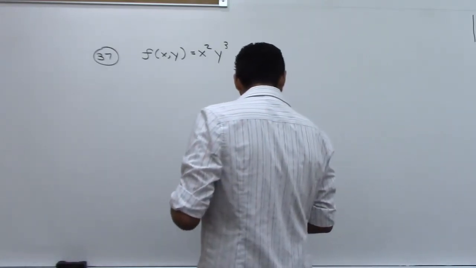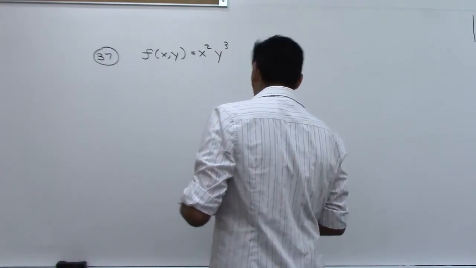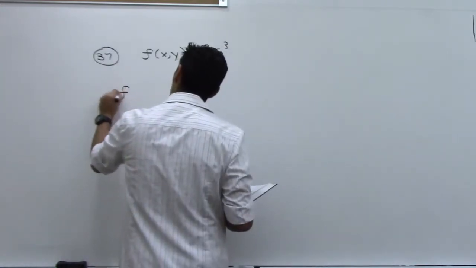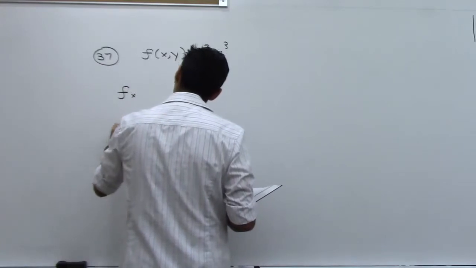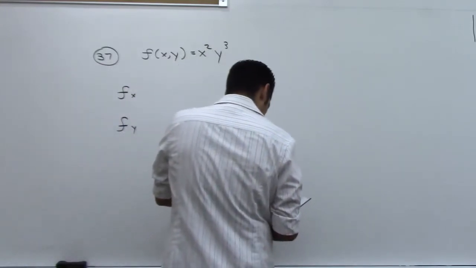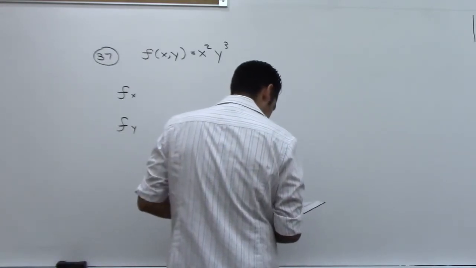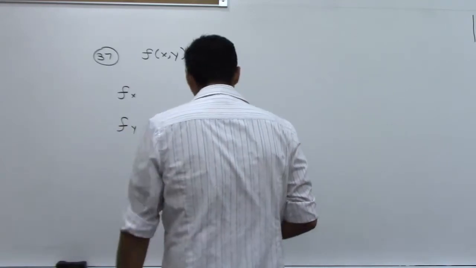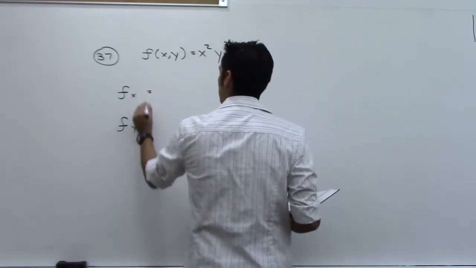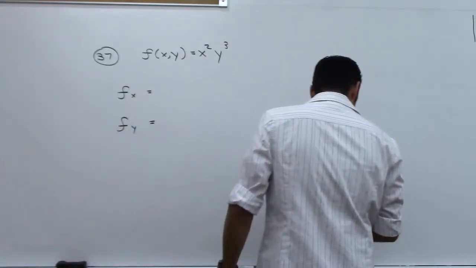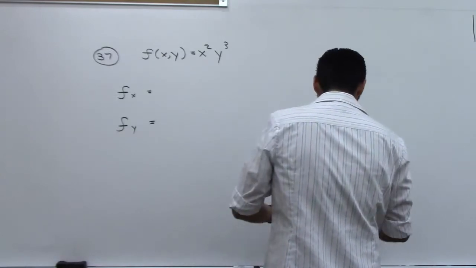So we're going to find the partial with respect to x, partial with respect to y. Oh, that's it? That's kind of boring. I thought this wanted the second partials, but that's going to come on later problems.